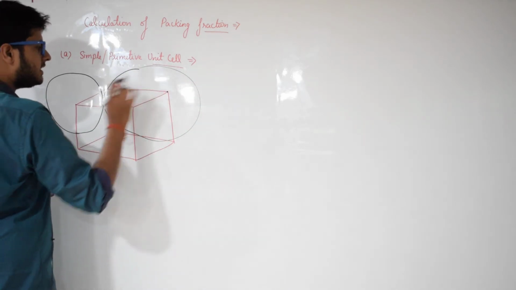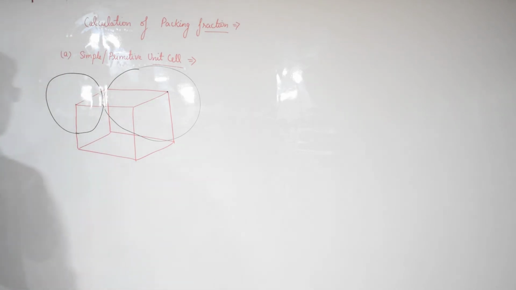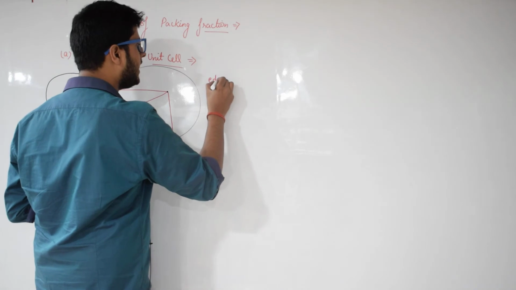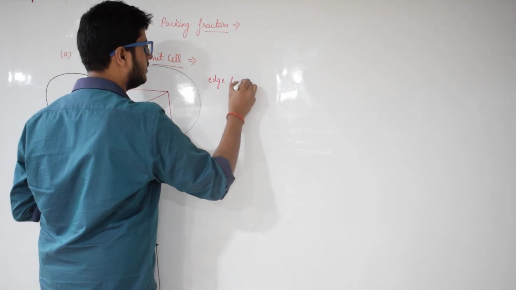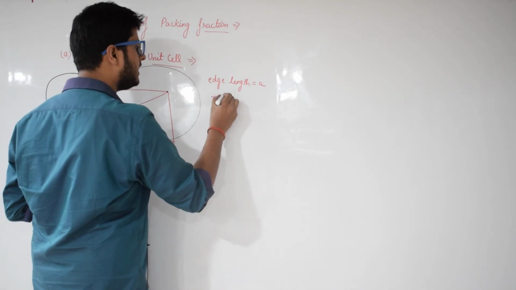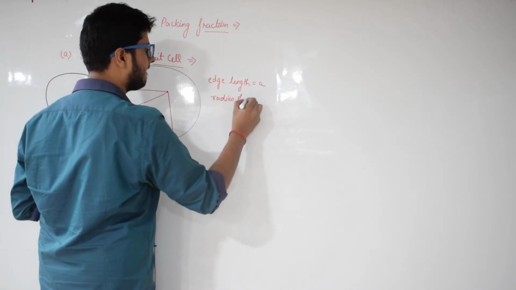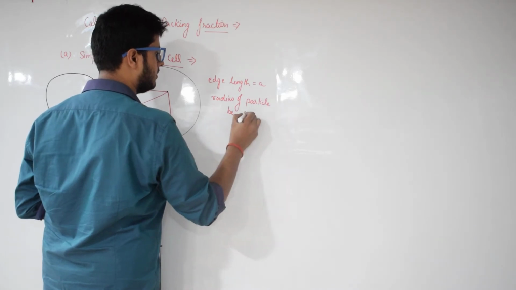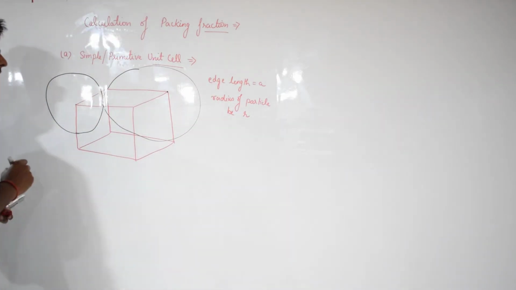So, these two particles are touching each other, and let the edge length be A and the radius of particle be R.